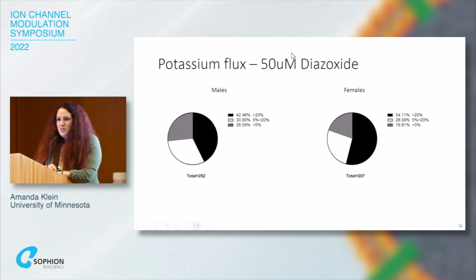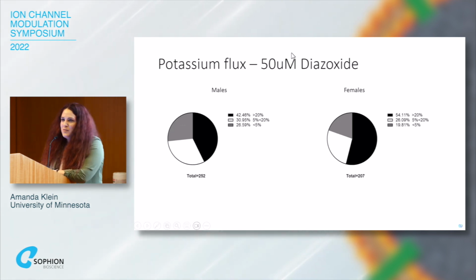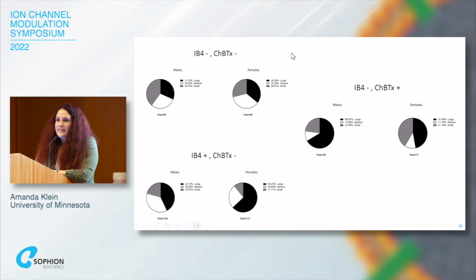We got this intermediate group, which we're not totally sure what to do with, so we just called them the medium responders. And then about a quarter of the neurons don't really respond at all. We have them listed as small or less than 5%, but conservatively I'm just going to call them non-responders.